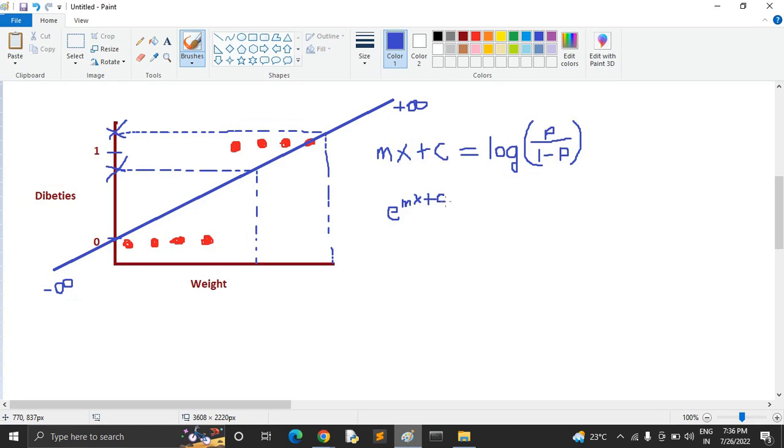If I do this, the log value will be removed and we will be getting p by 1 minus p, right? This is what we get.